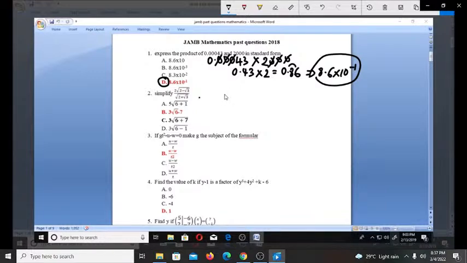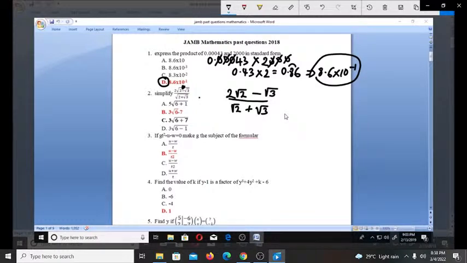Now number 2, simplify (2 root 2 minus root 3) all over (root 2 plus root 3). That is the actual way it is written. So that is what you are told to simplify.